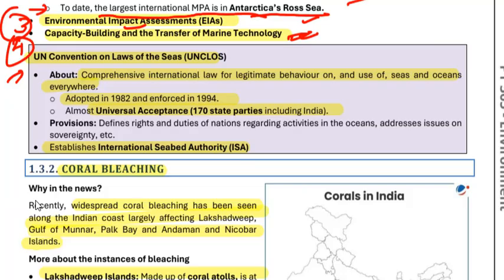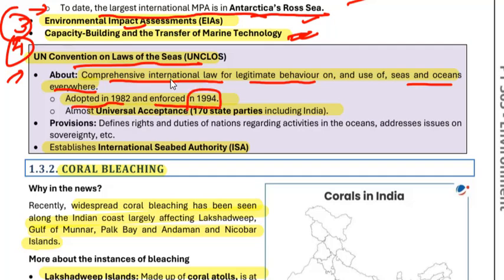Next is UNCLOS, that is the United Nations Convention on the Law of the Sea. This is a comprehensive international law for the legitimate behavior on and use of seas and oceans everywhere. It was adopted in 1982 and came into force in 1994. Actually, discussion on the law of the sea started in 1958 itself.